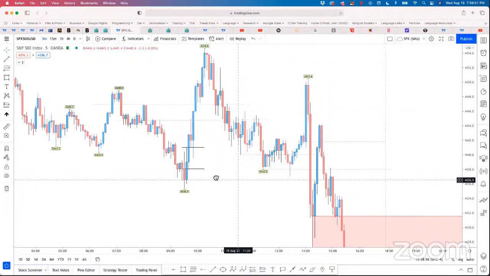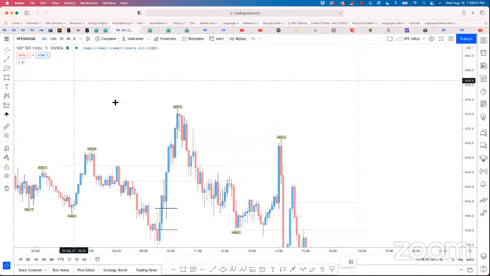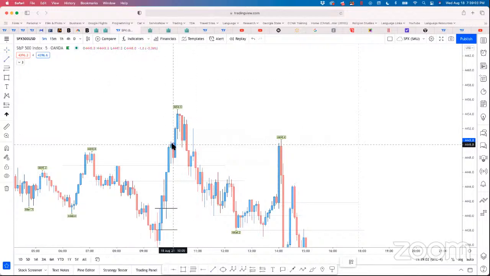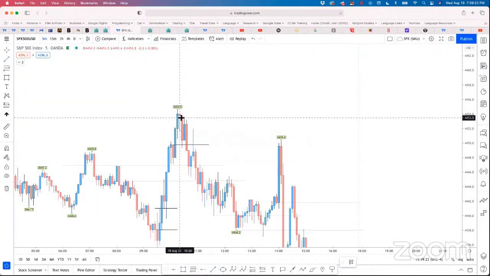Or notice this area right here. This would have been a break and retest of a high. What do we have? A rebalance candle. Price trades back up into this candle right here.